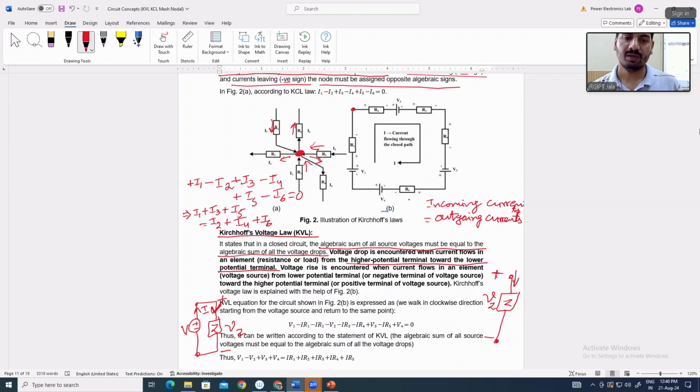There is a passive convention here. If we are going from positive to negative, we will take a negative sign. If we are going from negative to positive, we will take a positive sign. This is a simple passive convention.